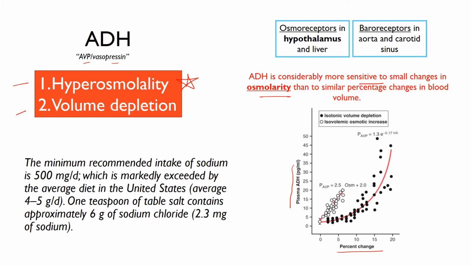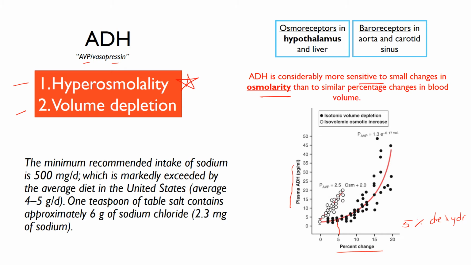So if you have, let's say, a 5% increase in either one of these two things, either volume or tonicity, the tonicity is shown here in these black dots. So these are the volume and isotonic volume change. So meaning you're 5% dehydrated is kind of what that is saying.